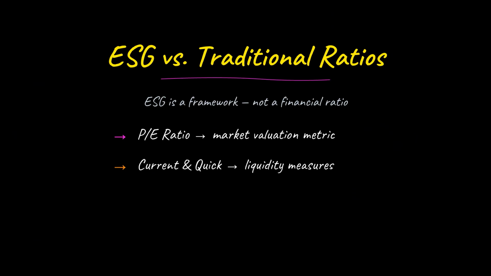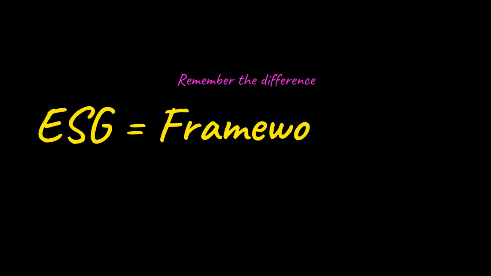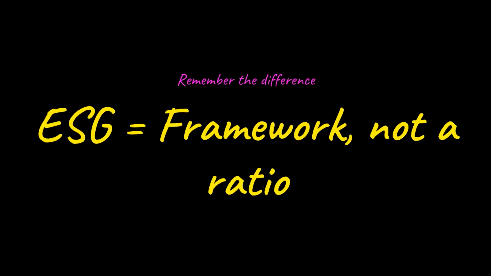Current and quick ratios measure liquidity. Times interest earned and debt to equity are leverage ratios. Only ESG addresses environmental, social, and governance sustainability together. ESG goes beyond any single number. It surfaces long-term risks and opportunities that traditional ratio analysis cannot capture on its own.